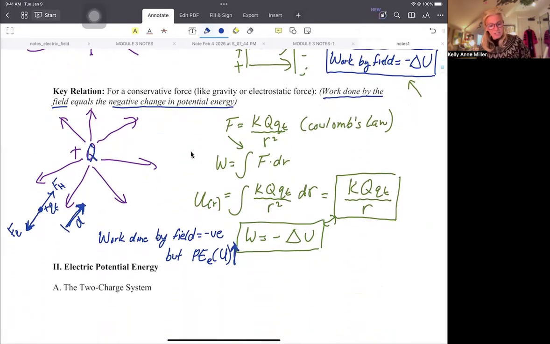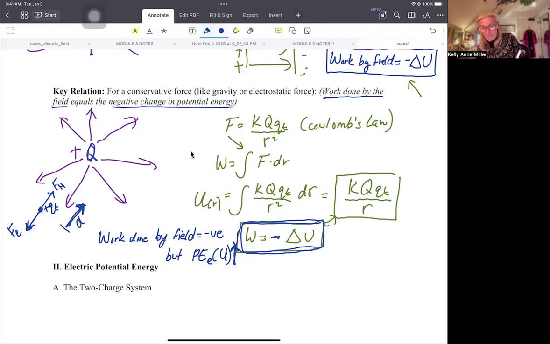Okay, so this little example that I did here basically illustrates this relationship, which you should already be familiar with from mechanics, right? If the field is doing negative work on a charge, which it is if I push it towards big Q, then the potential energy increases, right?